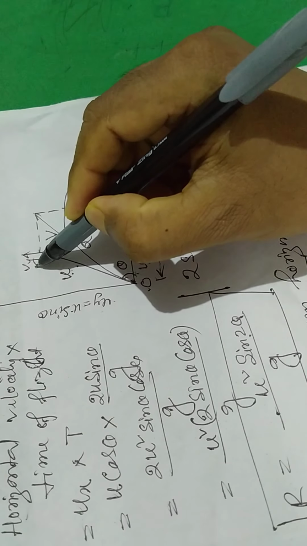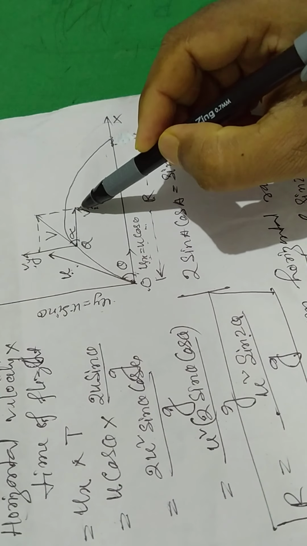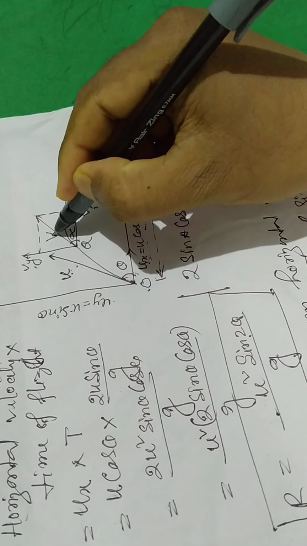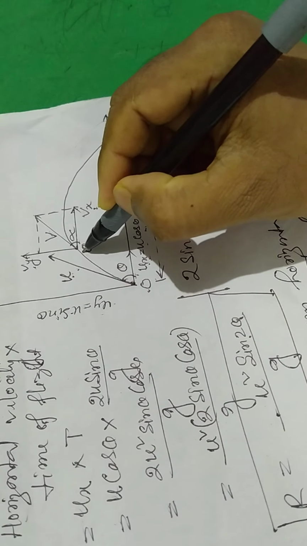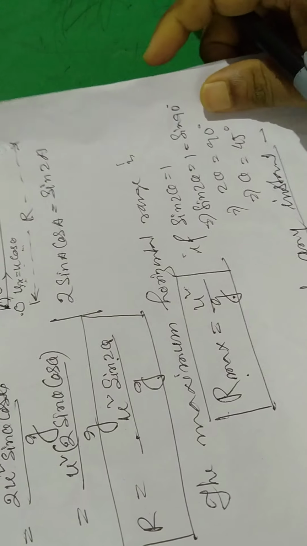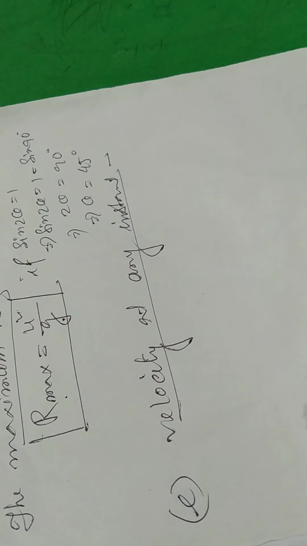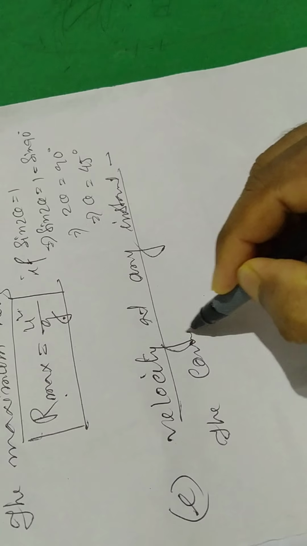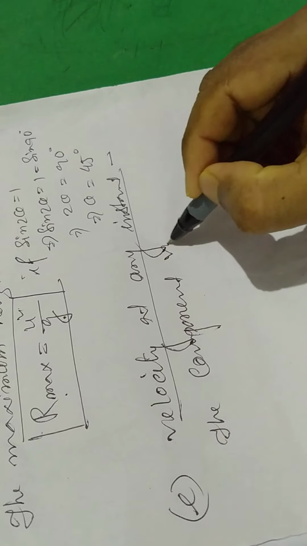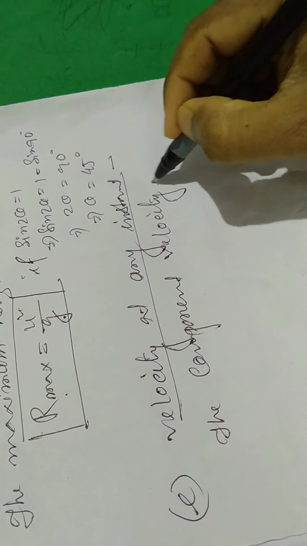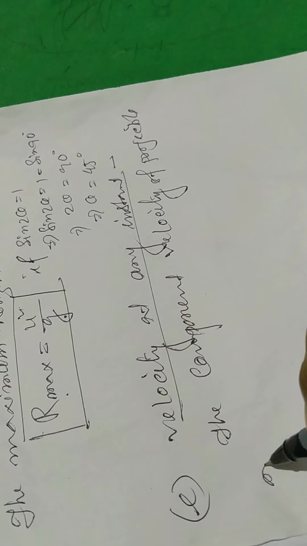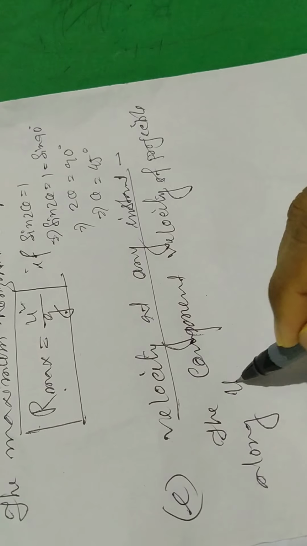Vx and Vy represent the horizontal and vertical components of velocity v at point Q as shown in the figure. First, the component of velocity of the projectile along the horizontal direction.